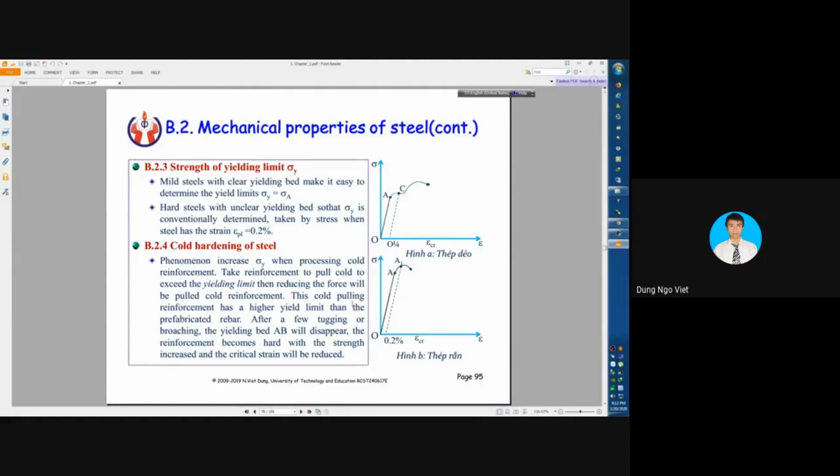This cold pulled reinforcement has a higher yield limit than the prefabricated rebar. After a few pulls or broaching, the yielding batch AB will disappear, and the reinforcement becomes harsh with the strength increased and the critical strain reduced. So this is the cold hardening of steel.